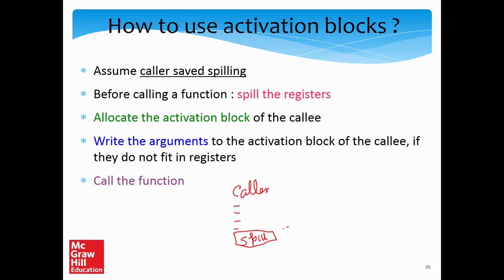Spilling the registers means writing the values of the registers that we are interested in into the activation block of the caller. Subsequently, we execute the call instruction. The call instruction transfers control to the callee function.